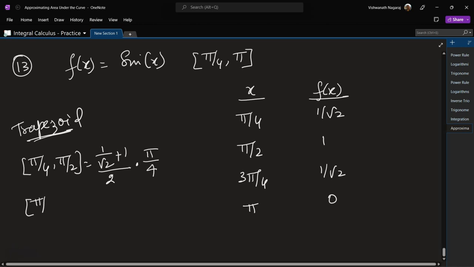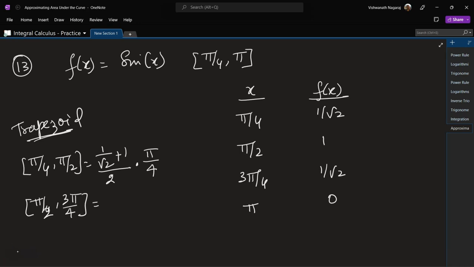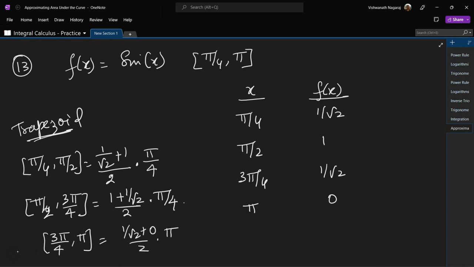Then from pi by 2 to 3 pi by 4 is going to be 1 plus 1 by root 2 by 2 times pi by 4. And from 3 pi by 4 to pi, it would be 1 by root 2 plus 0 by 2 times pi by 4. Okay. So now we need to evaluate each of these quantities.